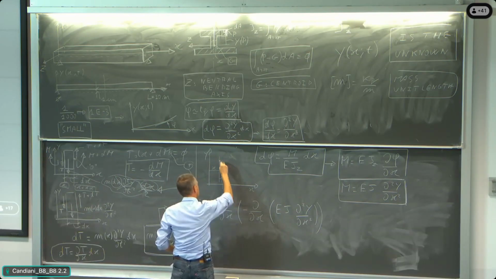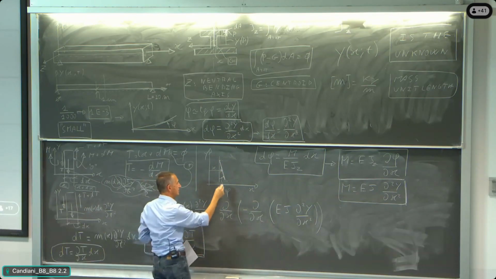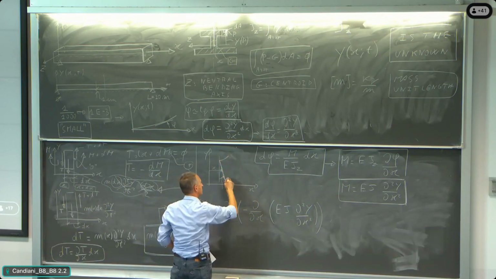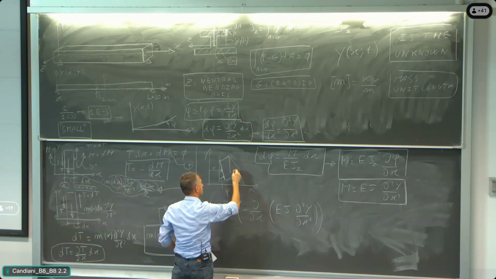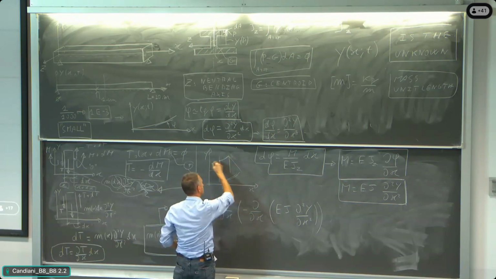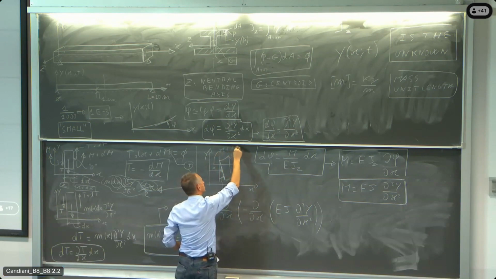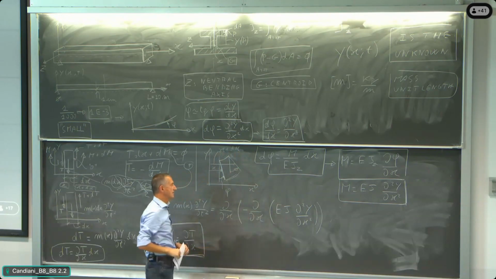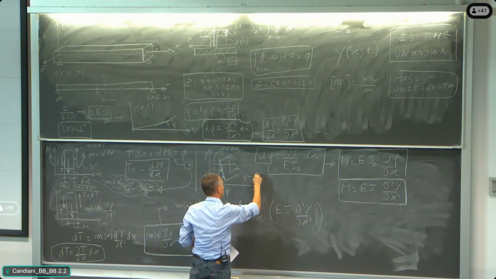So at the location X, the slice of beam is inclined by a quantity phi. If I am looking at an incremented location, X plus dx, so this is X plus dx, I recognize that I have an incremented angle. So the angle is phi plus d phi.